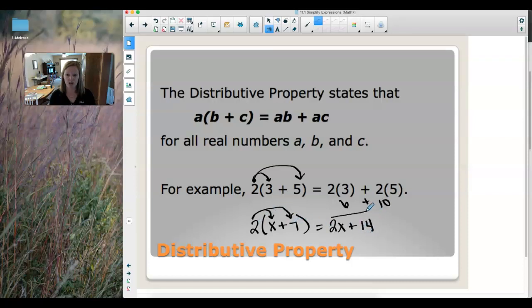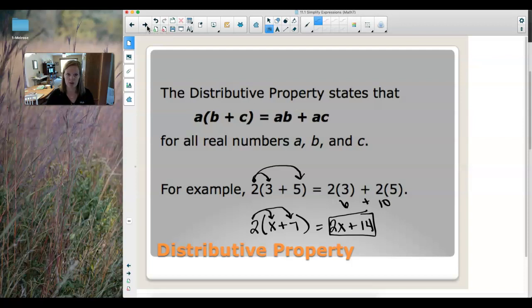And this would be our simplified expression. Okay, don't forget to distribute to both items. Everyone in the room gets the candy, and you only distribute what's right in front of the parentheses.